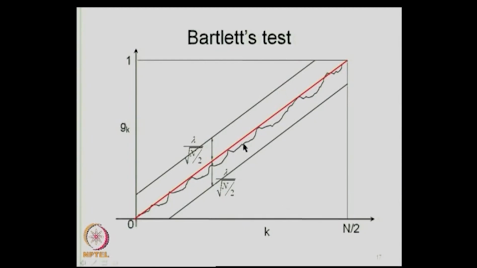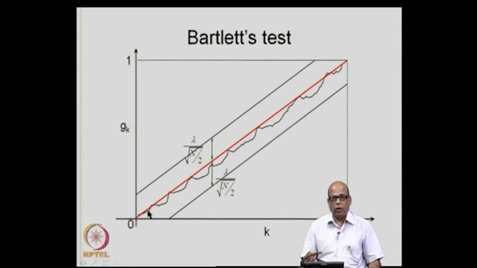However, just for your curiosity, you can draw the cumulative periodogram also for the original data. Then you will see that there are several periodicities lying way above and below this particular band, either on this side or on this side, indicating that the periodicities are significant.